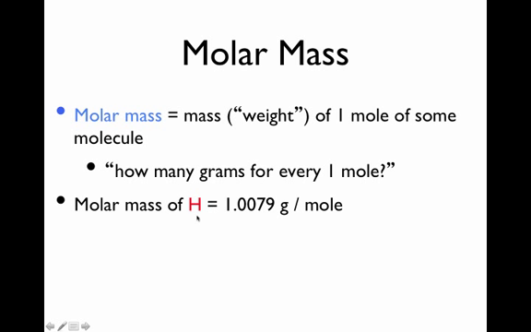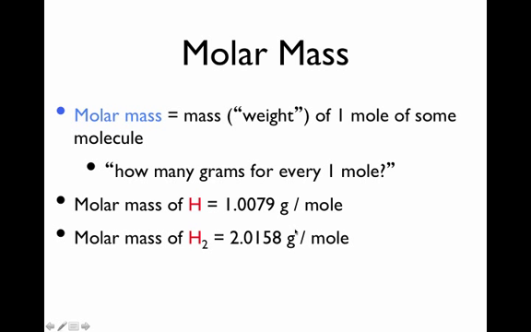So the molar mass of hydrogen is 1.0079 grams for every 1 mole of hydrogen. The molar mass of a hydrogen molecule, H2 in this case, is twice as much. You take this number and multiply it by 2, because now we have 1 mole of H2s, and there are 2 hydrogen atoms for every 1 H2 molecule.